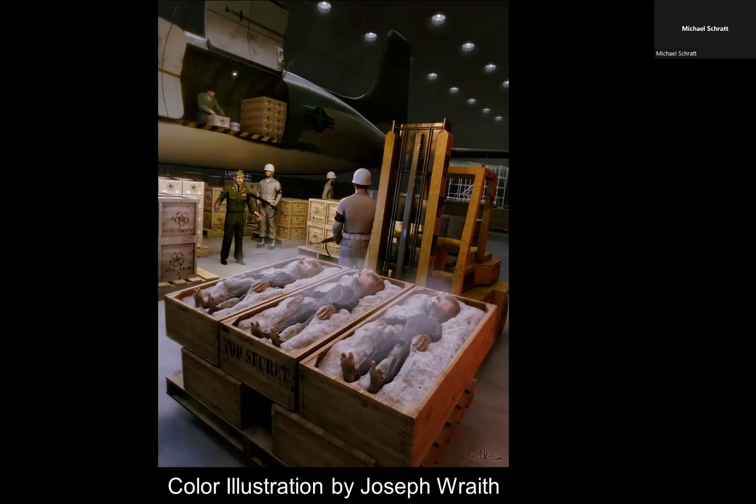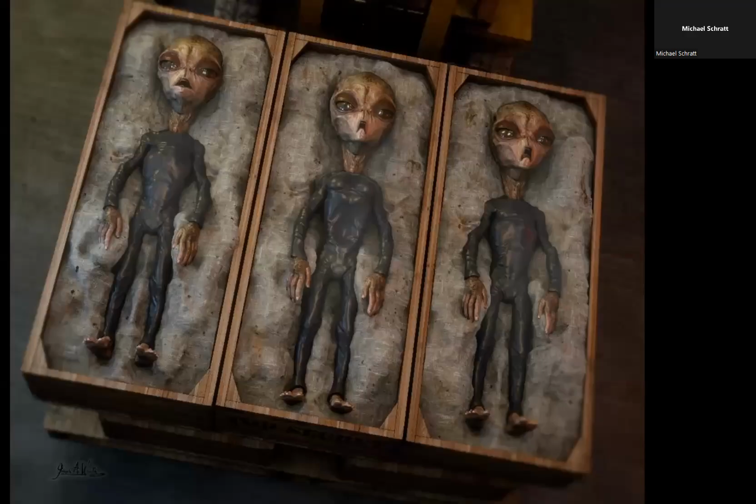You can see the cargo bay is open. And now we've even got this steam and residue coming up from the dry ice below. And these are what the bodies look like per the description. Now let's get a top view looking down while this warrant officer is looking inside these crates. This is the top view looking down. And again, the evidence is here.